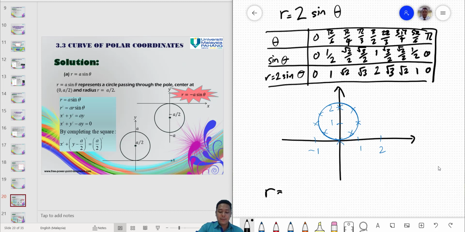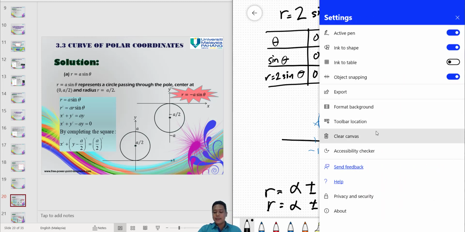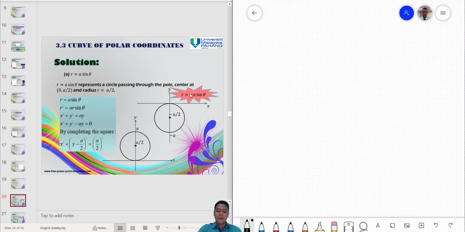Therefore, r can be plus or minus alpha sine theta, or it can be plus or minus alpha cos theta. This is the summary of the general form of a circle such that the center will not be at the origin.